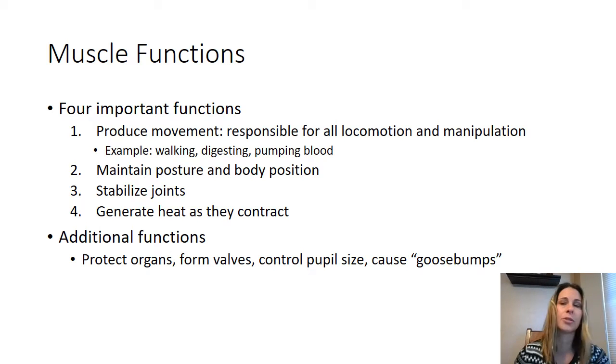The other thing they do is they stabilize joints. So if you have that clicky-clacky hip, for example, one of the things you might think about is it might just be that your muscles need to be worked out in that region. Muscles need to be tight enough to keep that joint cavity together, because the only thing holding it together are things like ligaments and bursa and all these different components of the joint cavity, and those aren't exactly strong.